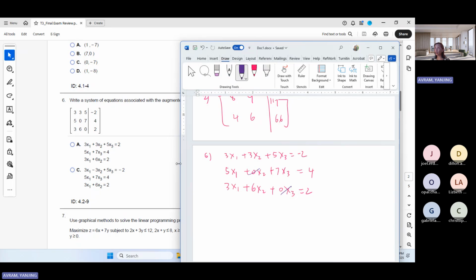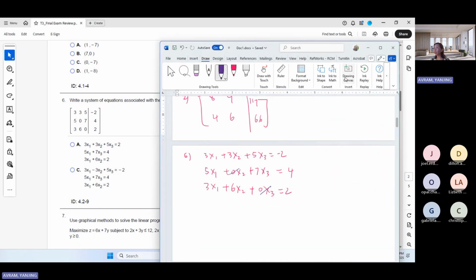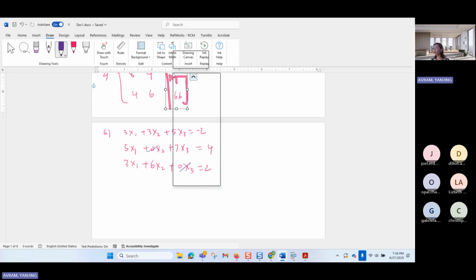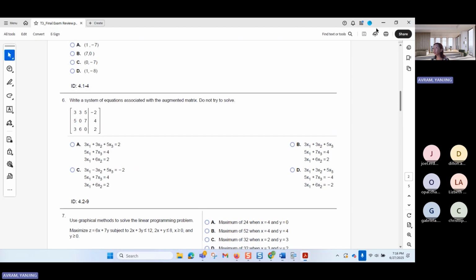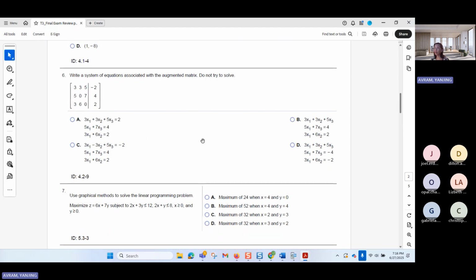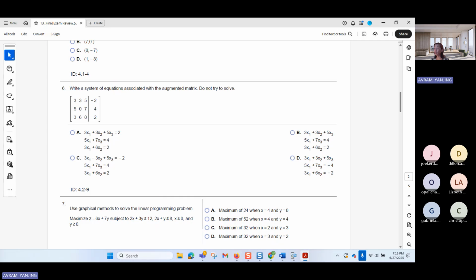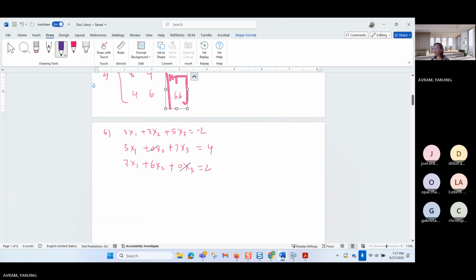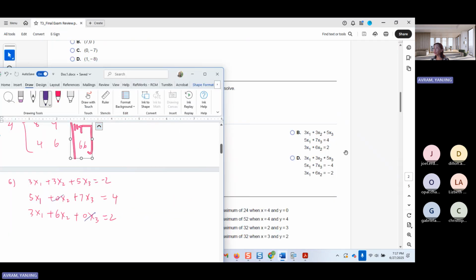Otherwise, the rest is the same. So we have to choose the correct one. This one got a little bit cut off, but anyhow, the correct answer should be B, but it got chopped off for this equal to -2.